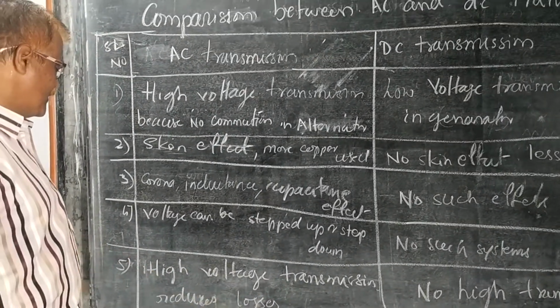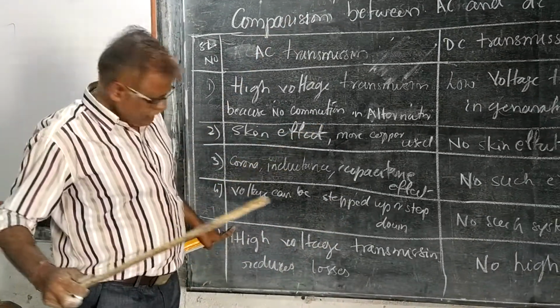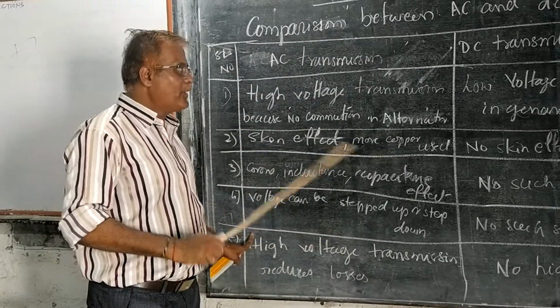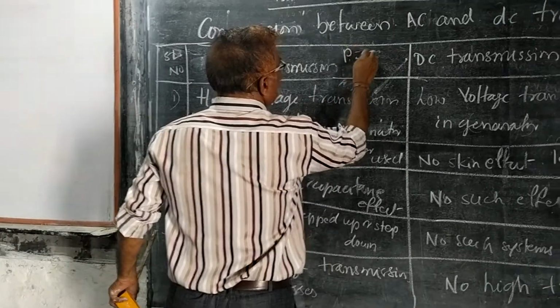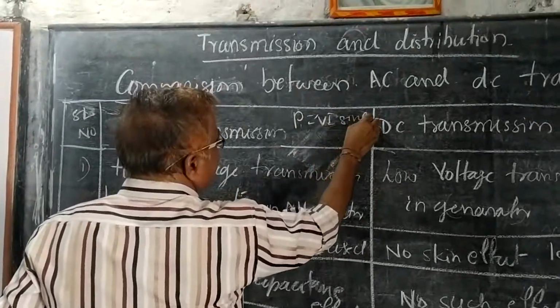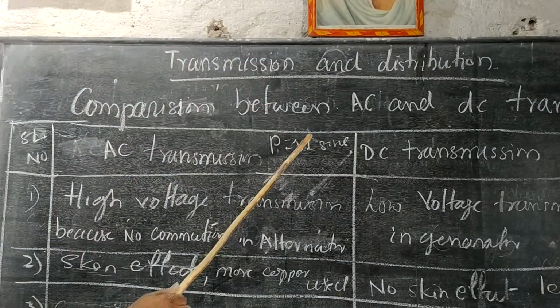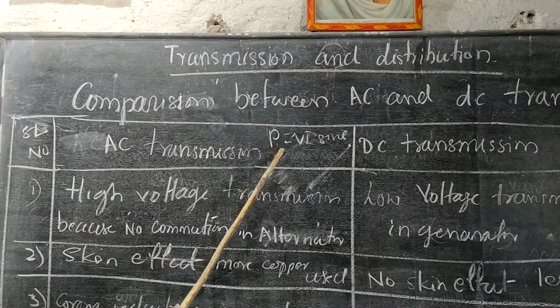How does it reduce the losses? When the voltage increases to a higher value, the current decreases. As the current decreases, the power losses in the lines decrease. You know that P is equal to V into I into sin theta. If the voltage increases, the current decreases, and automatically the power loss in the transmission lines is reduced.